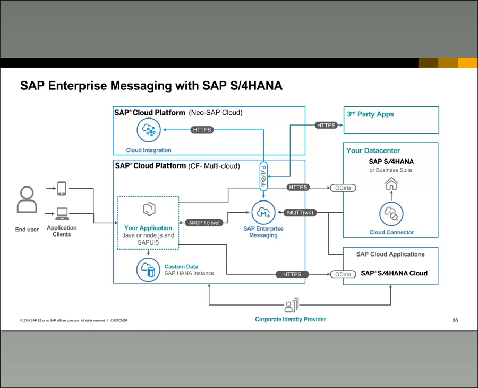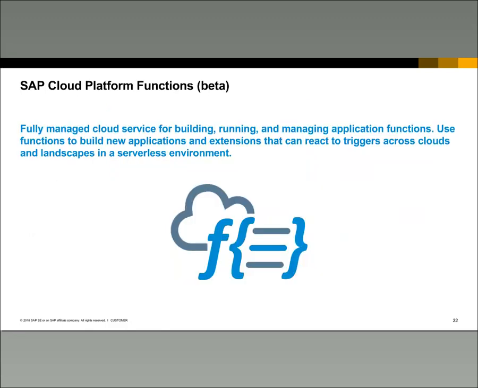and at high volumes. So taking this one step further, this is a traditional application, right? So what if you want to do this in a serverless manner? SAP Cloud Platform Functions is one of the latest offerings on the SAP Cloud Platform, where Functions is a fully managed cloud service that enables you to build, run, and manage application functionality, so to speak.